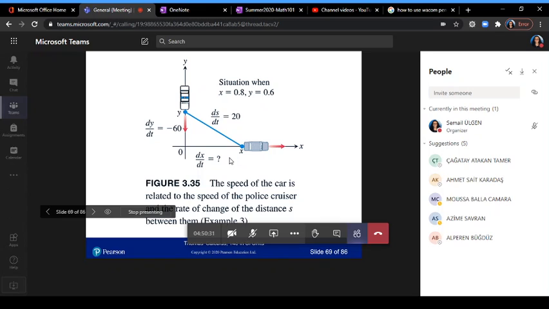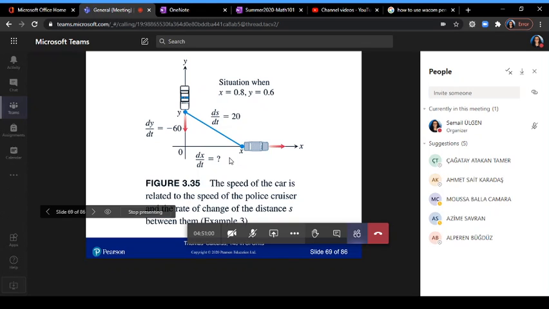We find s like that, and we can also have the relationship x squared plus y squared is equal to s squared. We take the derivatives of both sides with respect to time.